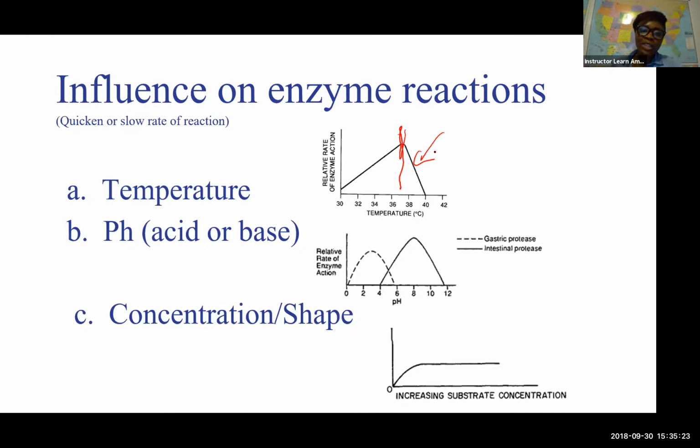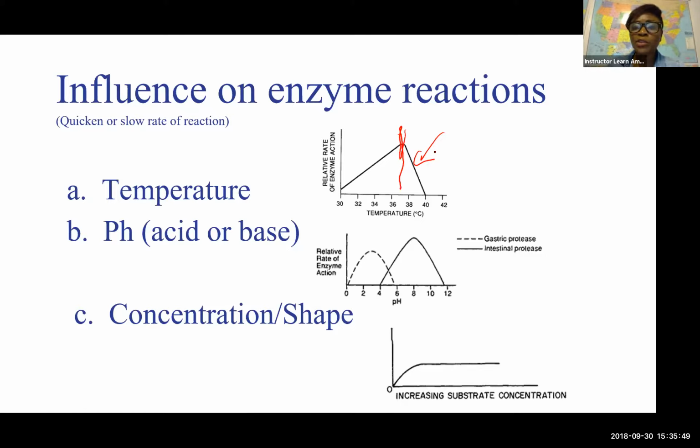So that lock and key connection is no longer happening. It changes the shape of that binding site, and so the substrate is not able to bind to the enzyme. So temperature will influence the reaction, how slow or how quick the reaction will take place, or if it will happen at all.